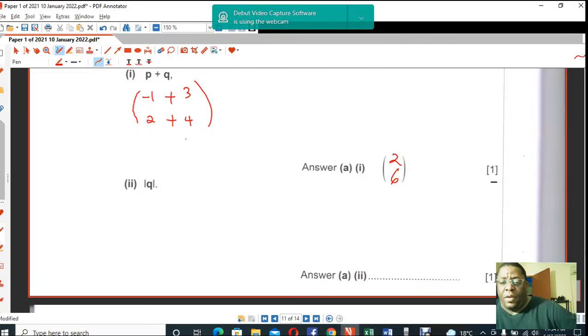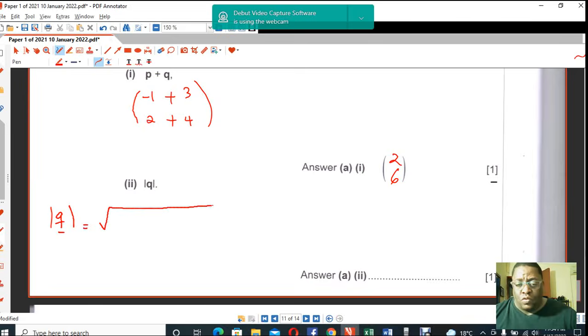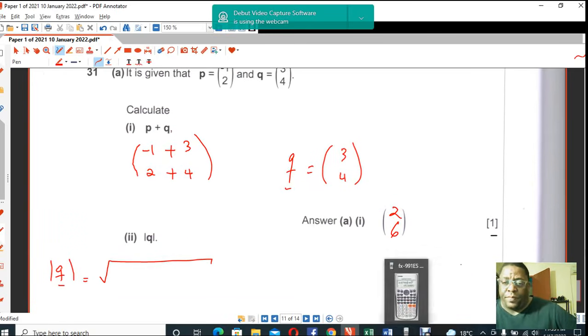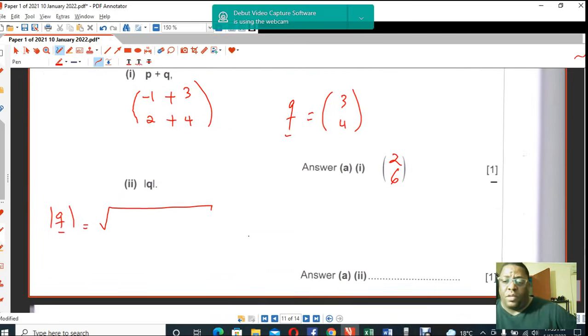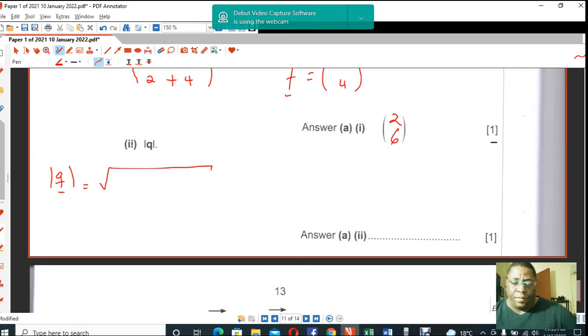Right, just to be on the safe side, here we are looking for the magnitude of Q, and we use Pythagoras' theorem. So let me just write down what the value of Q is. I think it's 3, 4. So you're going to take the 3 and square it, and the 4 and square it.